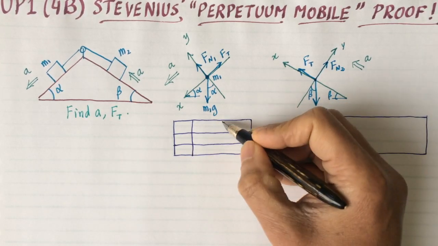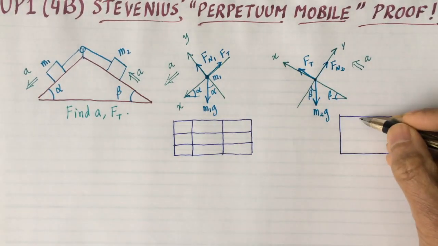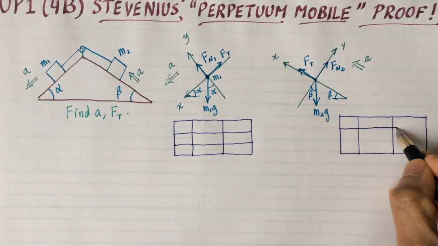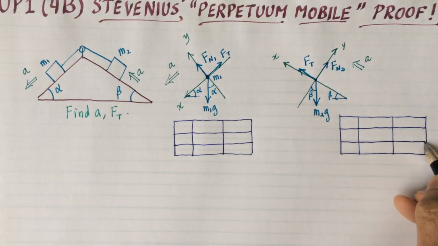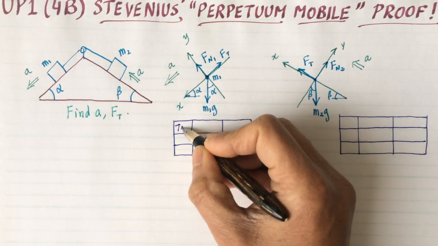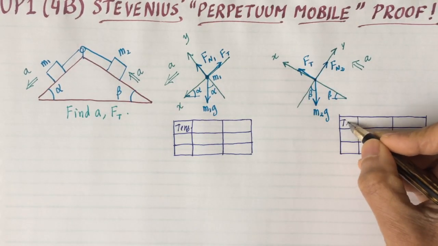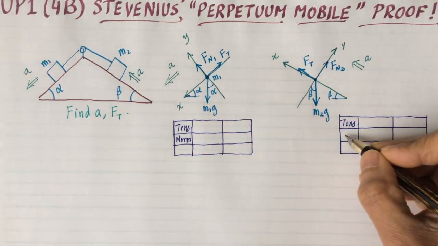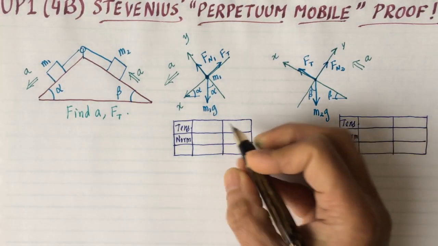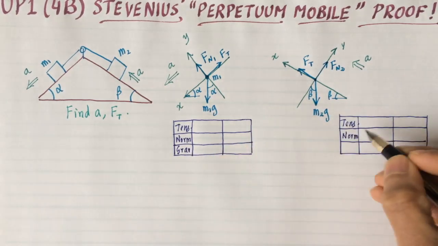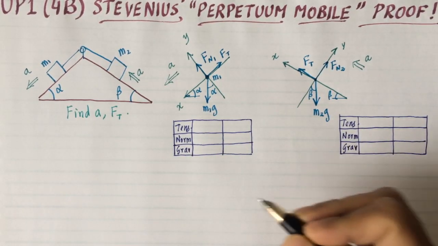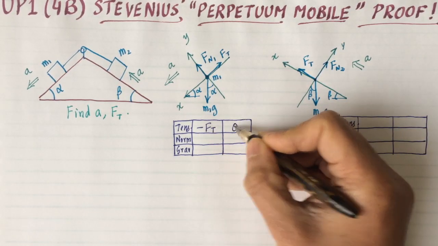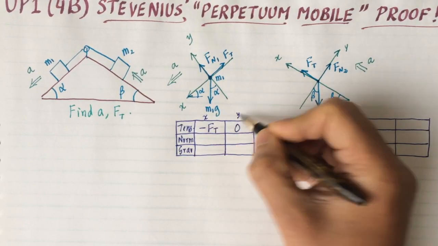Name of the force, the x component and the y component. Tension, normal force, gravity. Here the tension is in the negative x direction, so that's the x and that's the y.